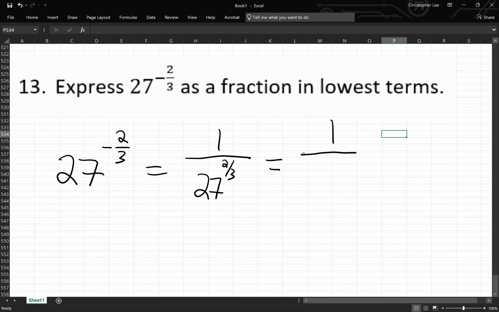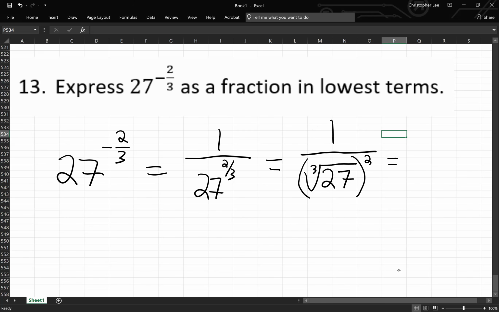All right, look, you do the denominator first, right? So this is 27. You do the cube root of 27 and then square your answer. So what's the cube root of 27? Not 9, it's something smaller.